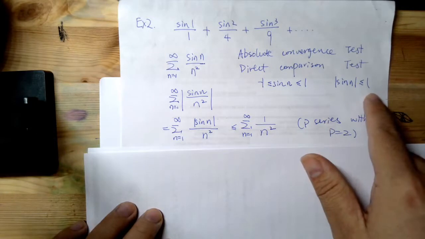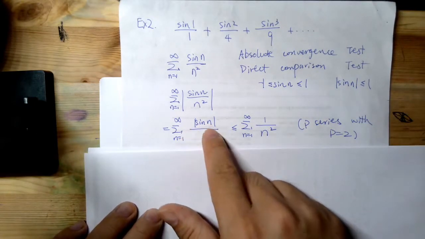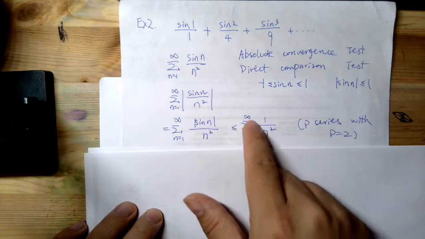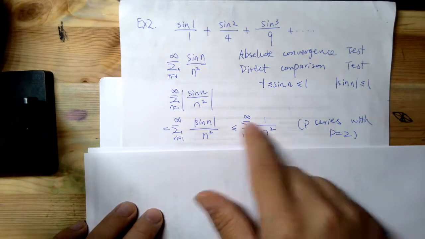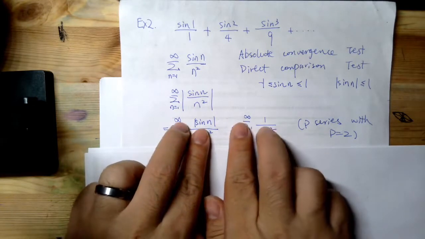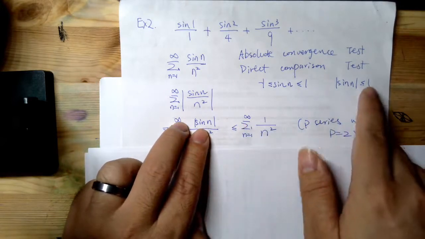From this inequality, we get that this series is less than or equal to 1 over n squared, because if we block this part, it's exactly that the absolute value of sine n is less than or equal to 1, which is shown here.